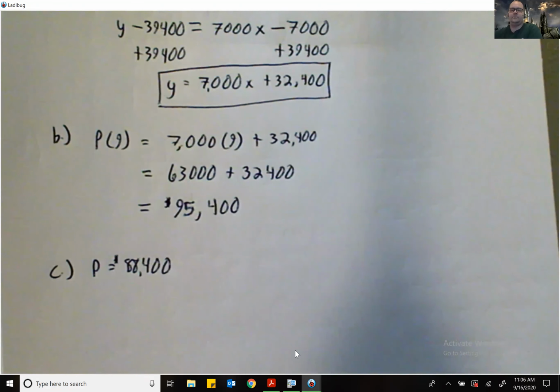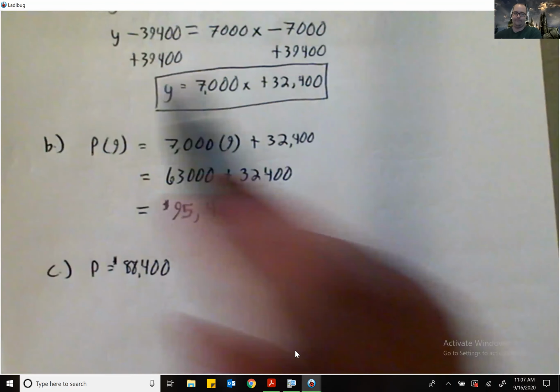How can 88,400 be used with our equation up here? Plug that into the y and solve for the x. There you go, Litzy. You got it. So in part B, we plugged into the x. Part C, all they want us to do is plug into the y.